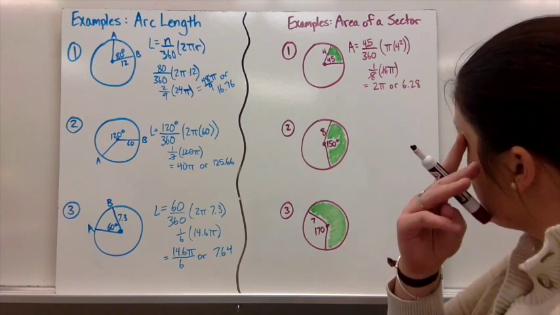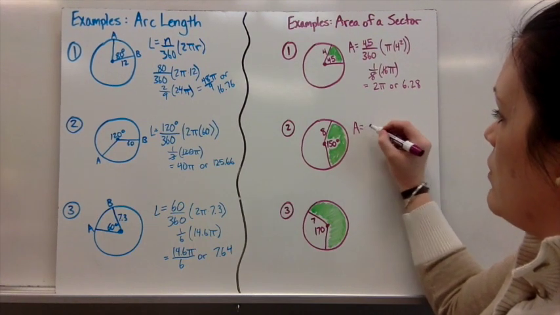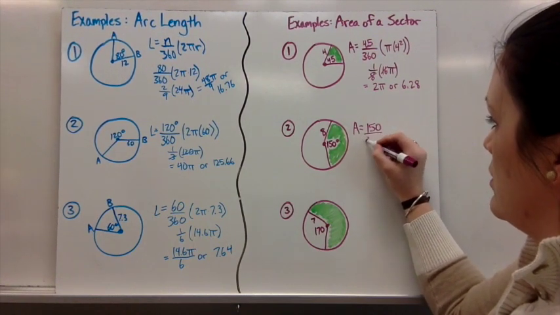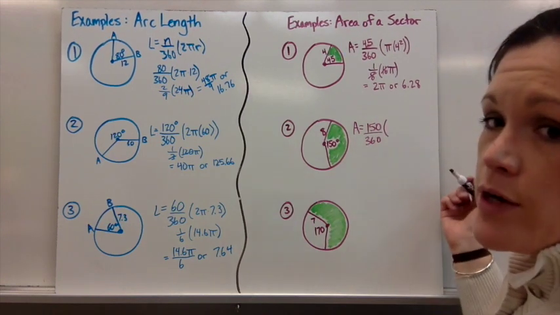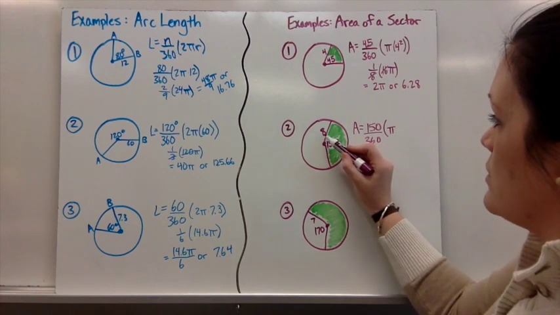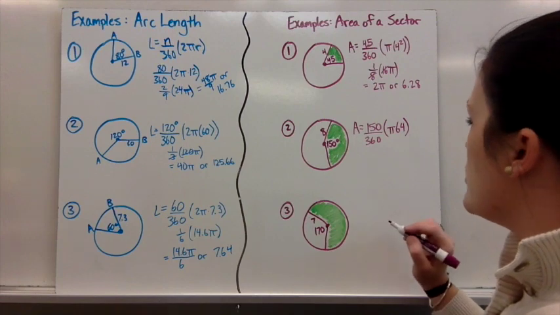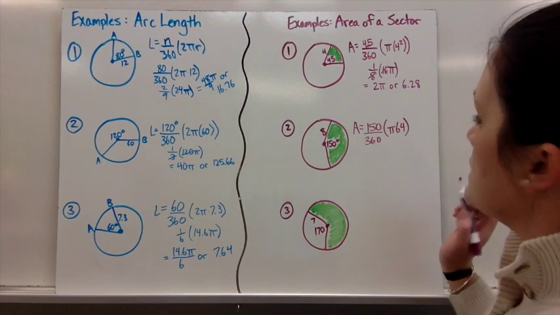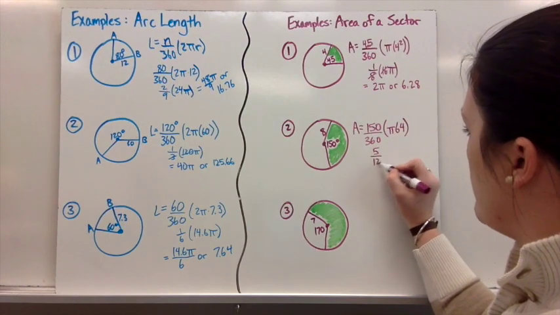Let's look at another one. This one gave us a central angle of 150. So we put that over 360 and multiply by the area. Area is pi r squared for any circle. So we have pi times the radius squared. So 8 squared is 64. And then we can reduce 150 over 360. That reduces to be 5 over 12.